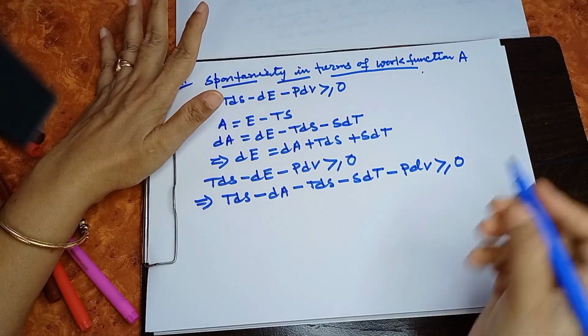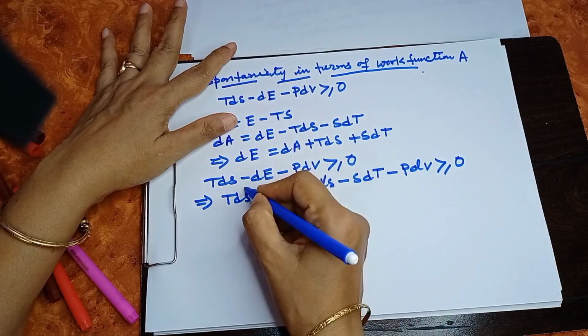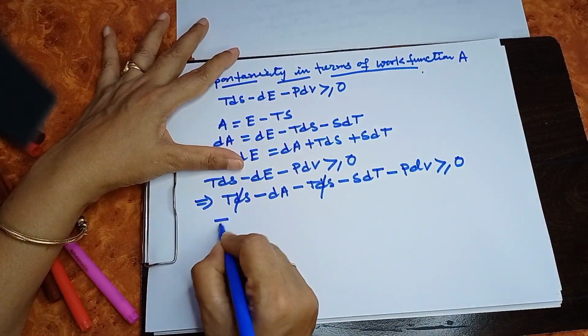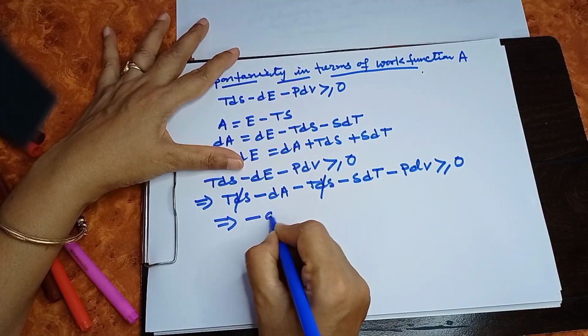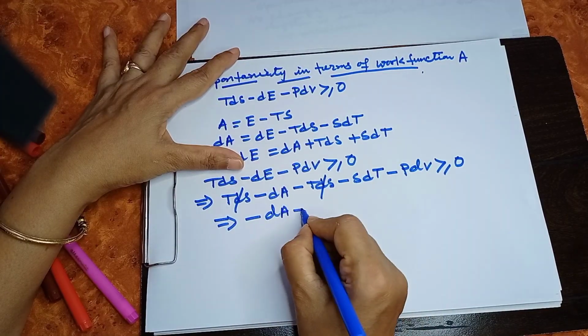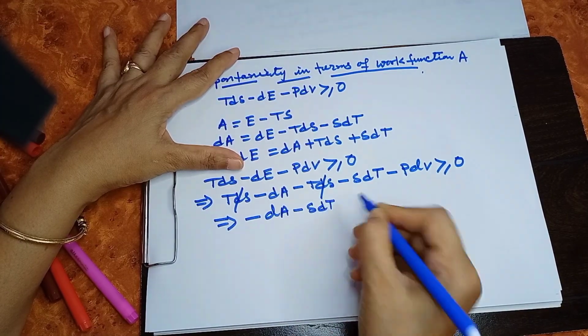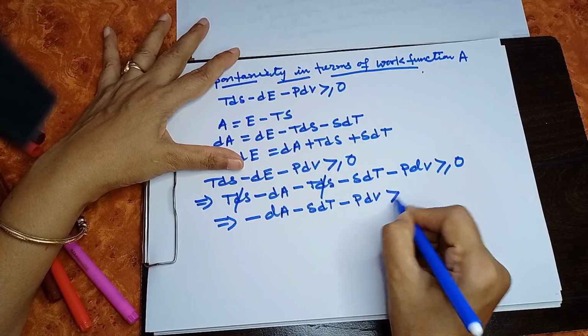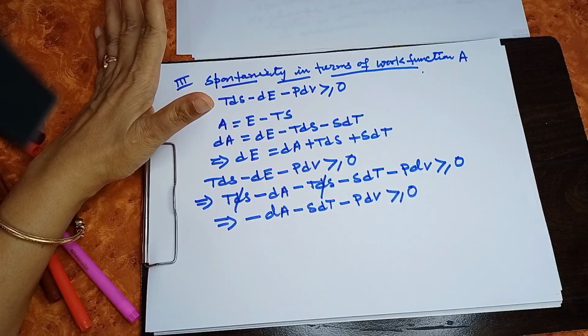Now we see TdS and TdS cancel. What is left over is minus dA minus SdT minus PdV greater than or equal to 0.